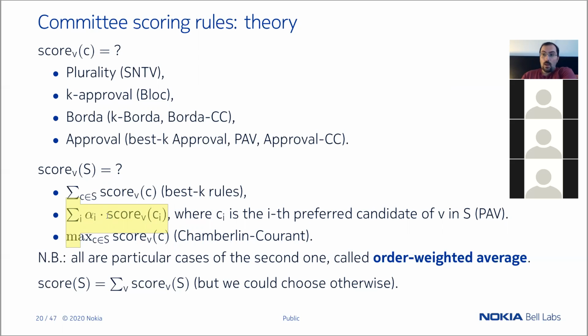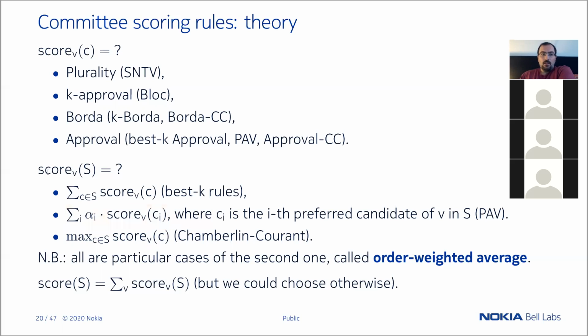If you put 1 for the first weight and 0 for all the others, you have the max. The order weighted average is very useful in voting theory because it's an easy way to generalize the sum, the average, the weighted average, the maximum, and also the minimum. For example, if you take all zeros and a 1 in the end, you will have the minimum.